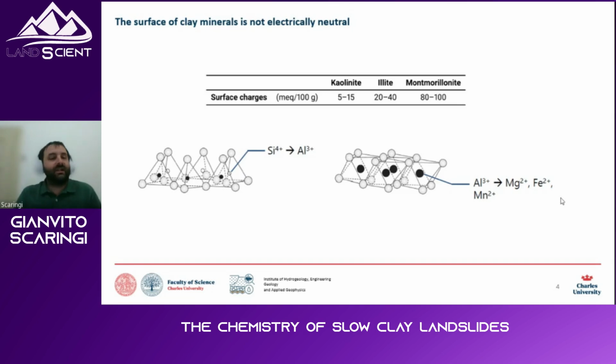This charge generates an electric field. The amount of charge is actually pretty large. In montmorillonite, it can be up to 100 milliequivalents per 100 grams, so 1 equivalent per kilo. It's a pretty large value, which means that the electrical field on the surface is pretty strong.